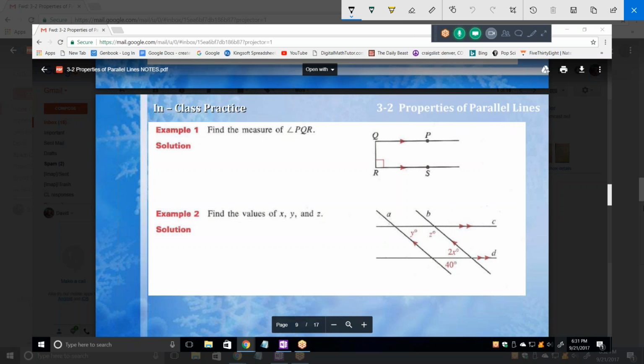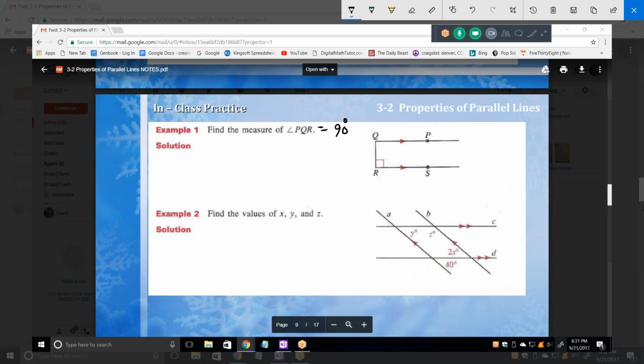We're given that QRS is perpendicular and that P is parallel with S. So angle PQR is equal to what? Angle QRS. Right, and we know that QRS is 90 degrees, therefore this is 90 degrees.